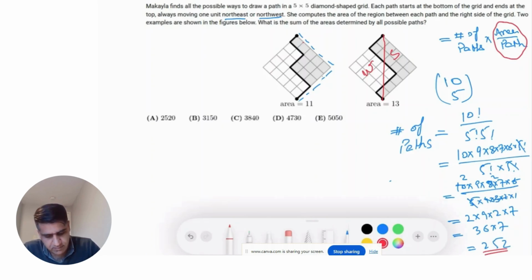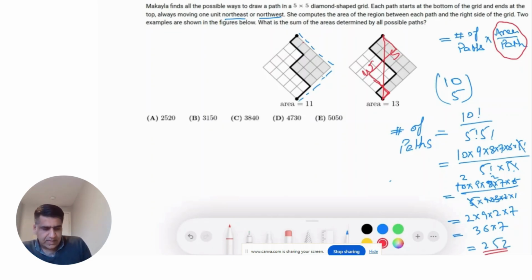For example, if I reflect this path about this line, then I will have this path that is a reflection of the other path about this line.